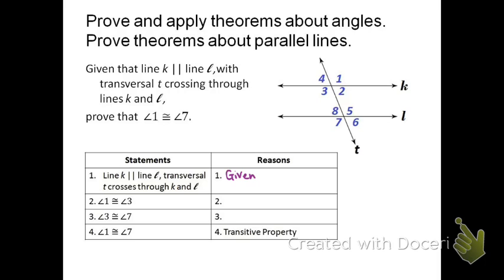Looking at that, why would that be true? What kind of angles are these? Aha! They are vertical angles. So vertical angles are congruent.